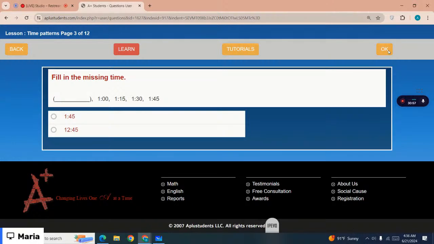Find the missing time. So which time is missing? The correct option is 12:45. Very good. The correct option is 12:45.